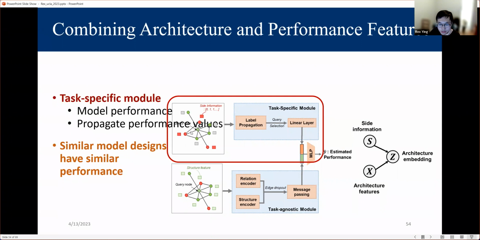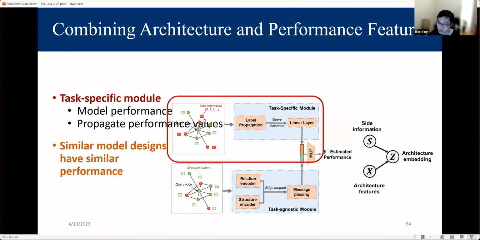So we have some side information here, for example, how well this model does on this dataset. We want to use this model performance to predict the current node's model performance. Because we have this graph, we can use the inductive bias that similar architectures usually result in similar model performance on the dataset, right?